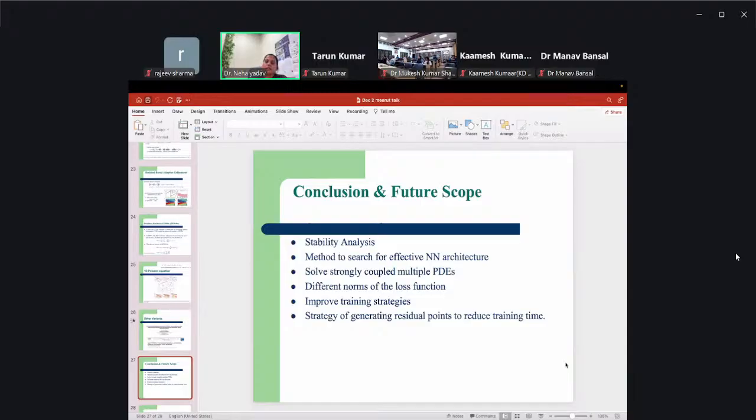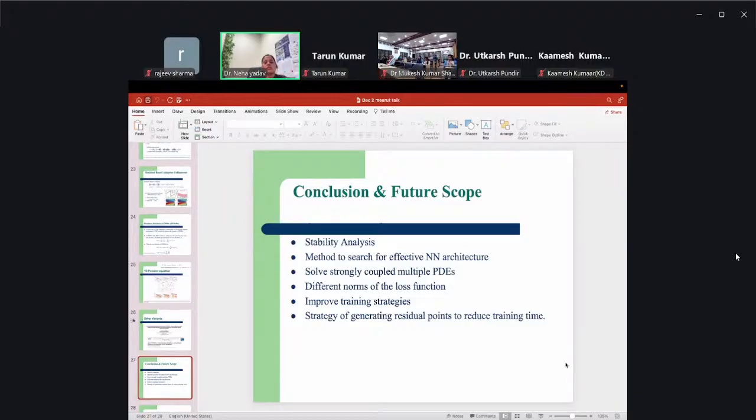There is still a lot of work that can be done in this area. Any deep learning or machine learning algorithm depends on a random set of parameters, where the weights and biases are randomly initialized.